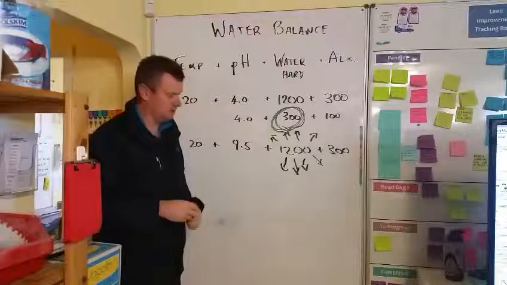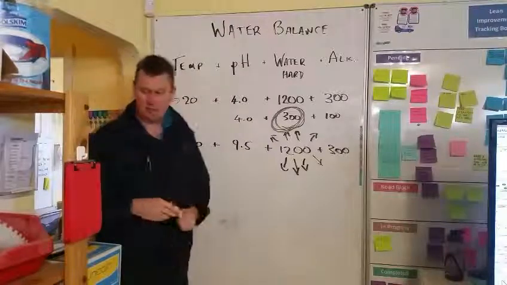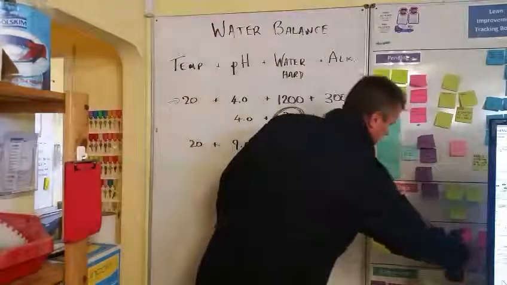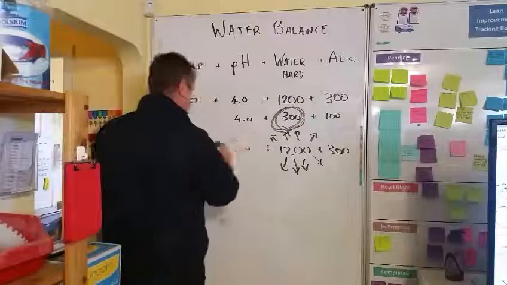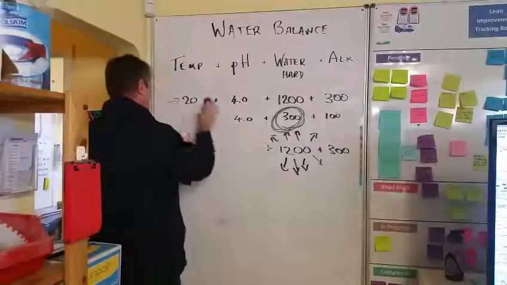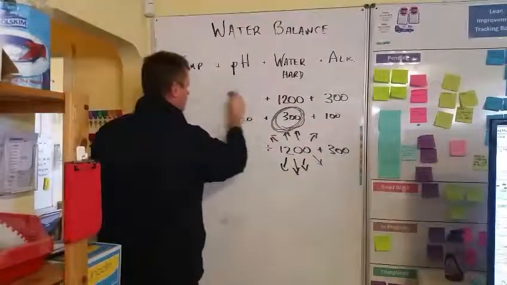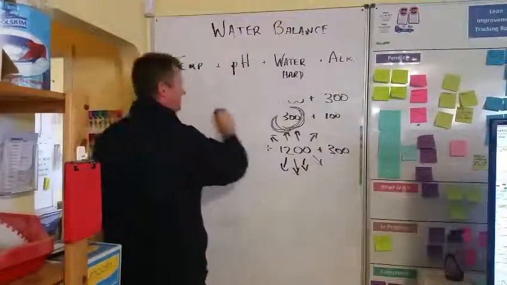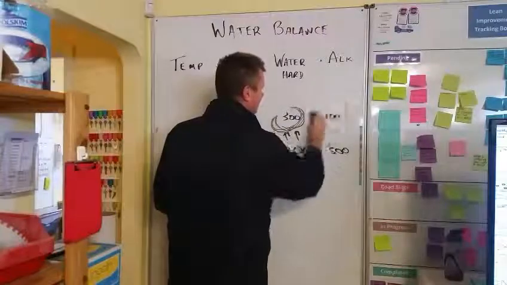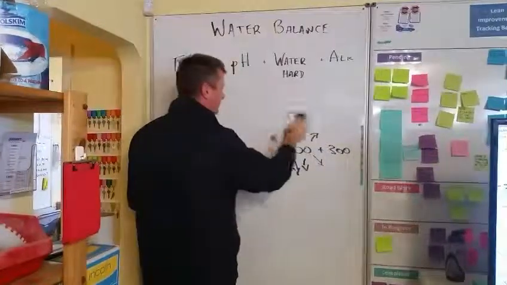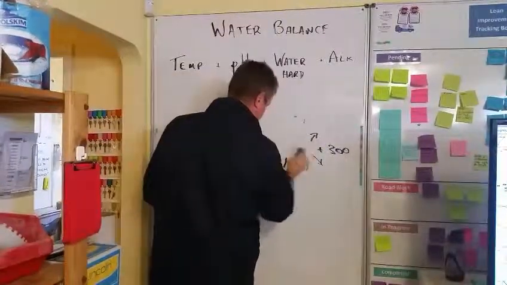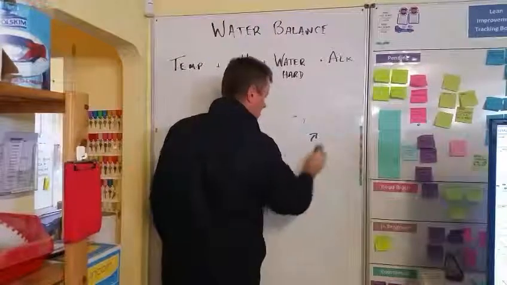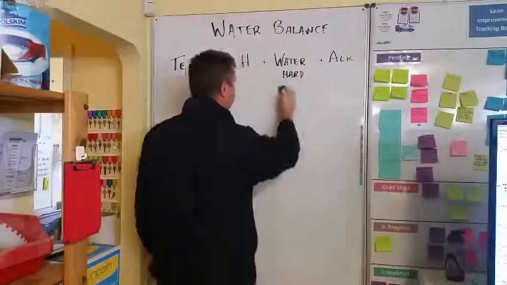Now the key there, with being a pool, really, what you're aiming at for effective sanitation is a pH of around about 7.5. So get rid of all this.